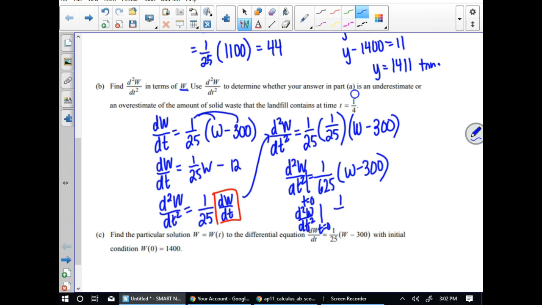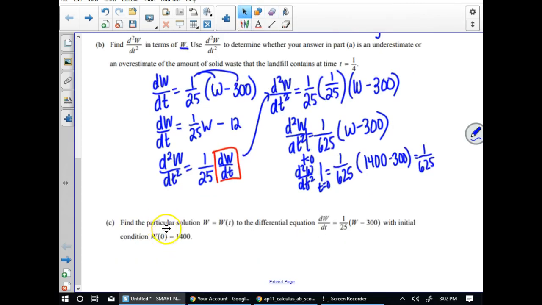We're going to get 1 over 625. And then remember, we're plugging in our w, not our t. So at t equals 0, our w is 1400. And so we are going to get 1 over 625.